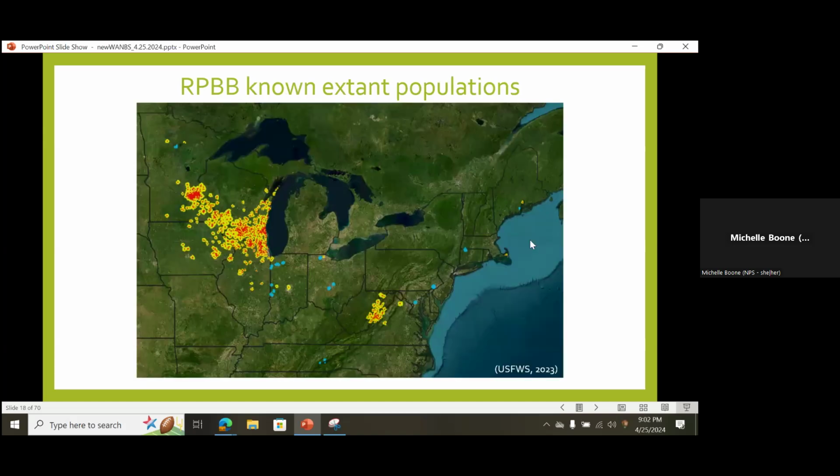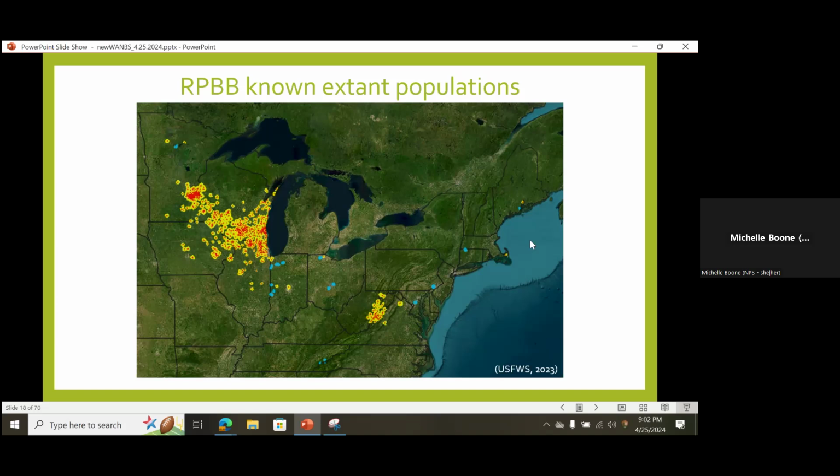But here's the known extant populations within that historic range. So most of the known population now that's hanging on and seems to be at least relatively stable for now is in the Great Lakes. So in Minnesota, at least in the southeastern part of Minnesota, we do have a fairly robust population that extends across Wisconsin into Illinois and Iowa.